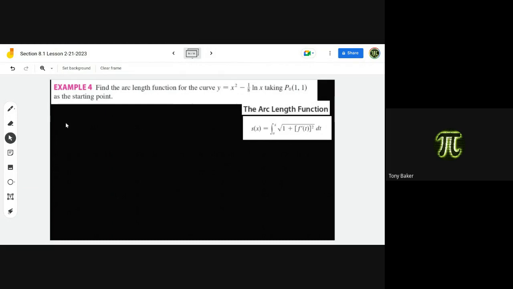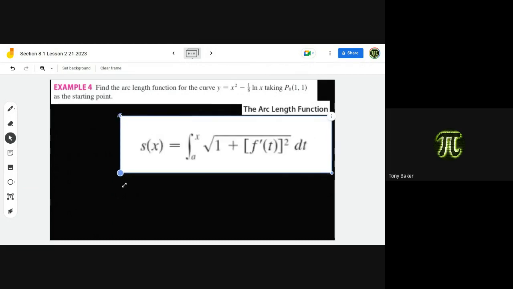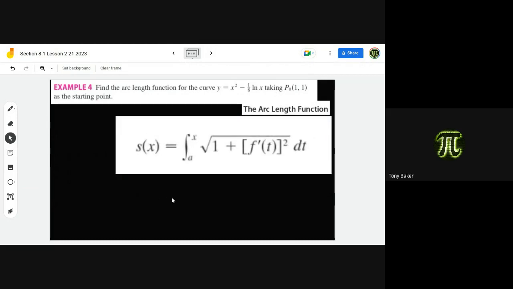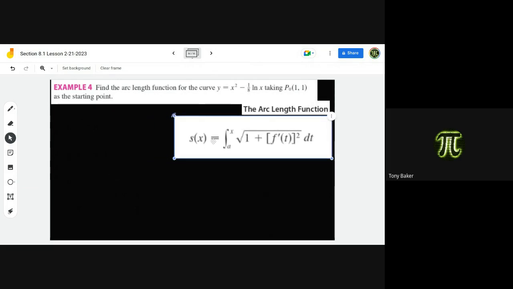So far, the two problems that we've done found me an exact answer. Okay. So I think it was a little blurry.